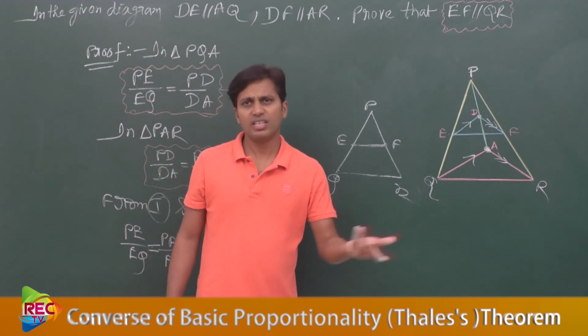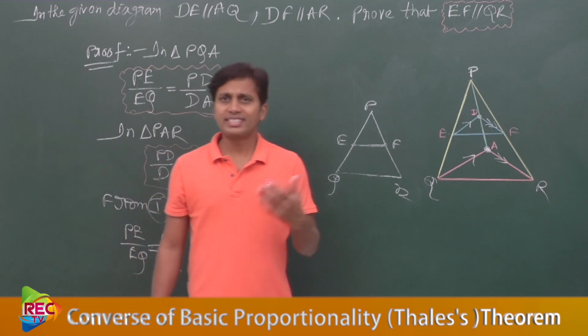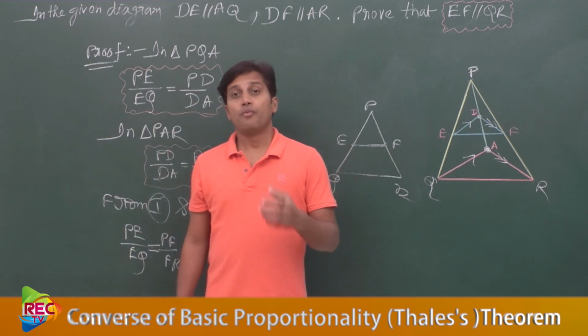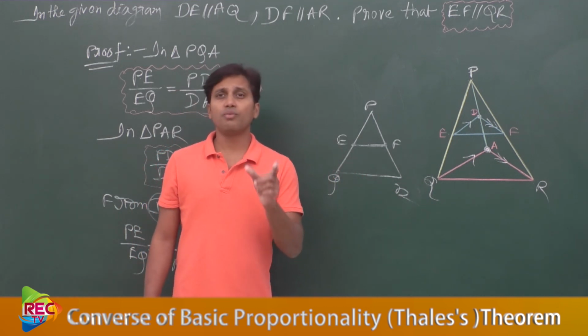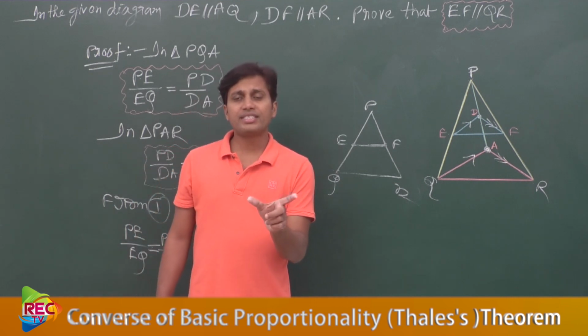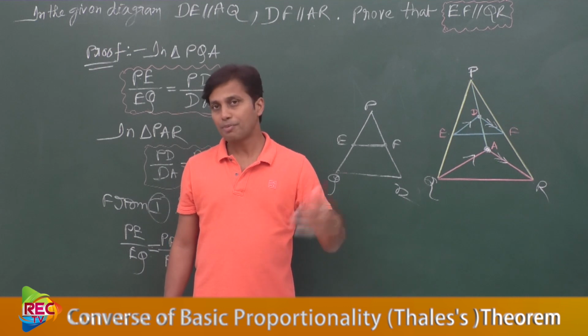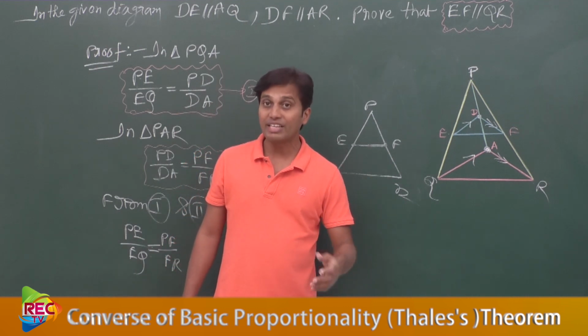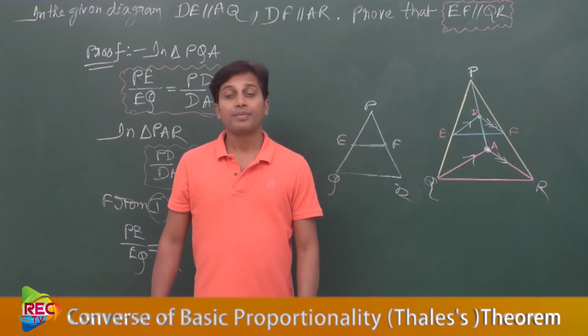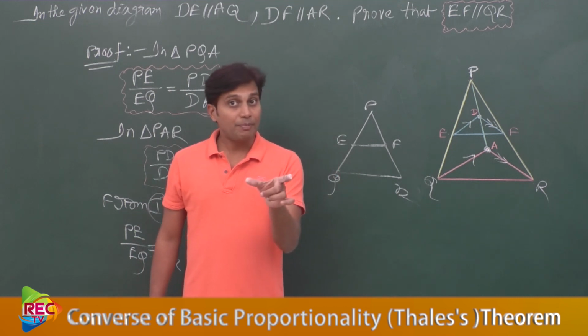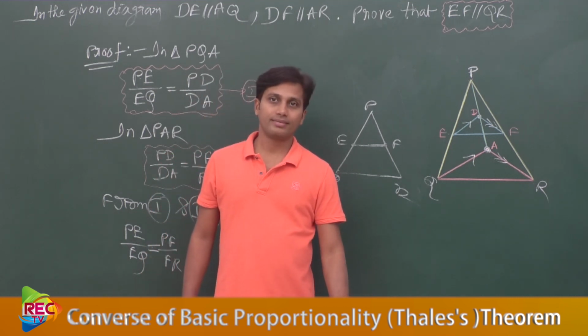Thales' theorem. Yes, because what does it say? Yes, when one line divides the two sides of a given triangle in the equal ratio, or you can say proportionately also, in equal proportion also, then the line will be parallel to the third side.